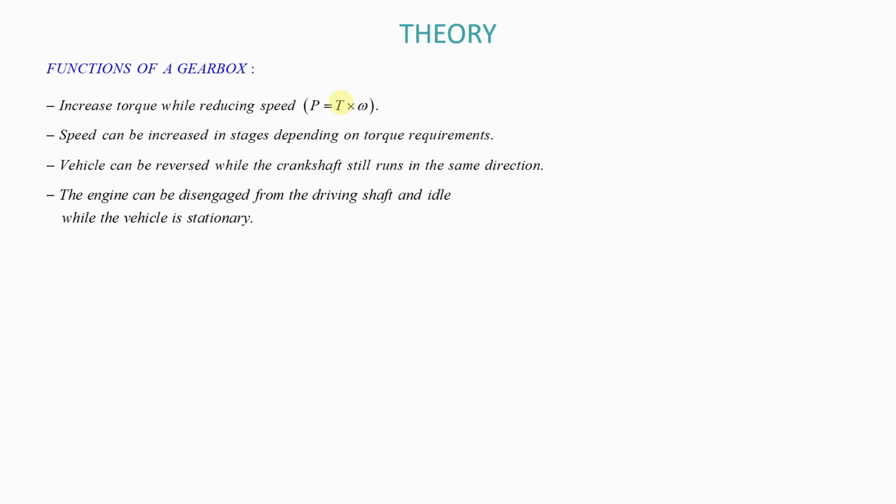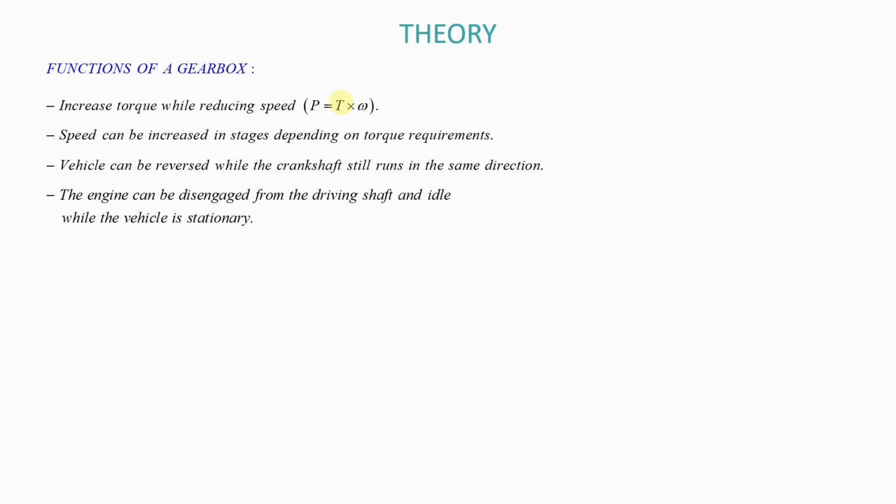But now with a gearbox, it is possible to disengage the driving shaft in such a way that it does not affect the wheels. So the engine will still be running, but the wheels are not affected by the rotation of the engine anymore, okay? So I hope that is making sense.